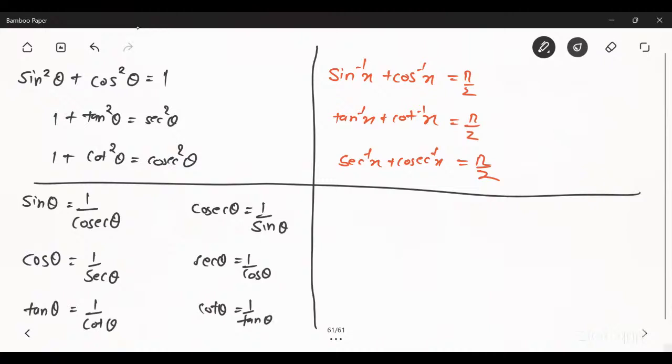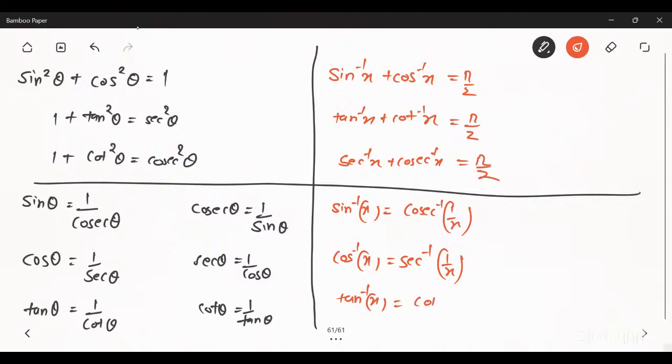Now in inverse trigonometry, sin inverse of x is equal to cosec inverse of 1 upon x. Cos inverse of x is equal to sec inverse of 1 upon x. Tan inverse of x is equal to cot inverse of 1 upon x.